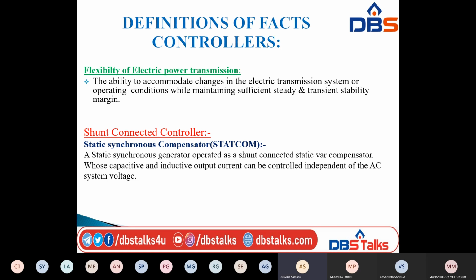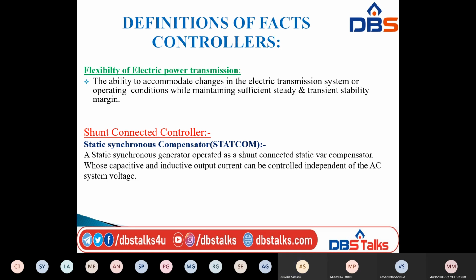The STATCOM is a static synchronous generator operated as a shunt connected static var compensator, whose capacitive and inductive output current can be controlled independent of the AC system voltage.